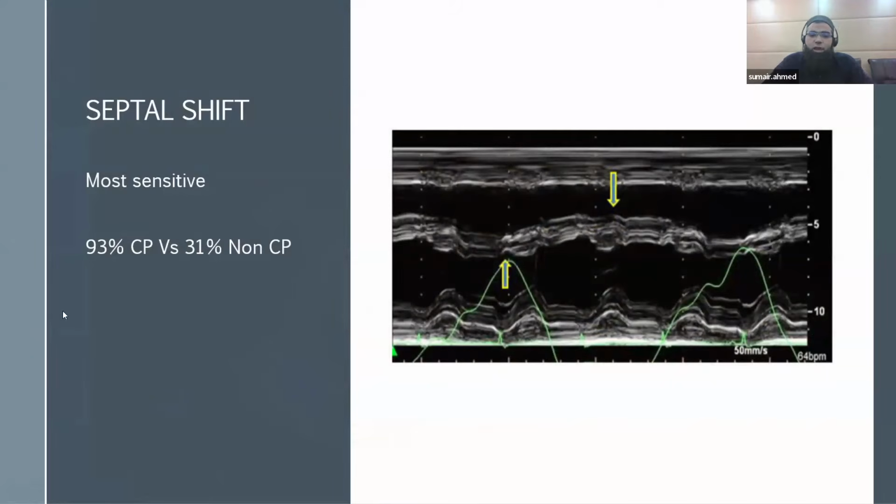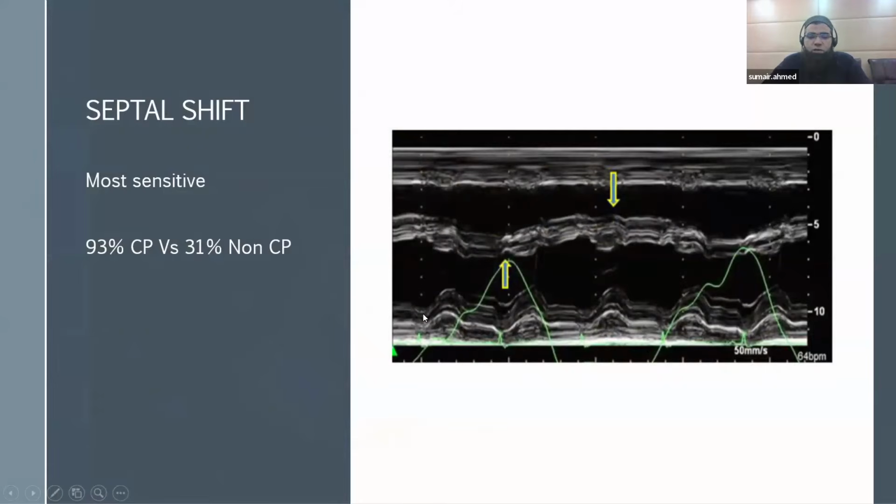See here, the spirometry is attached, and this is an inspiration, and again the graph is going downwards. This is an expiration, again the inward, this is an inspiration, then again there is an expiration.